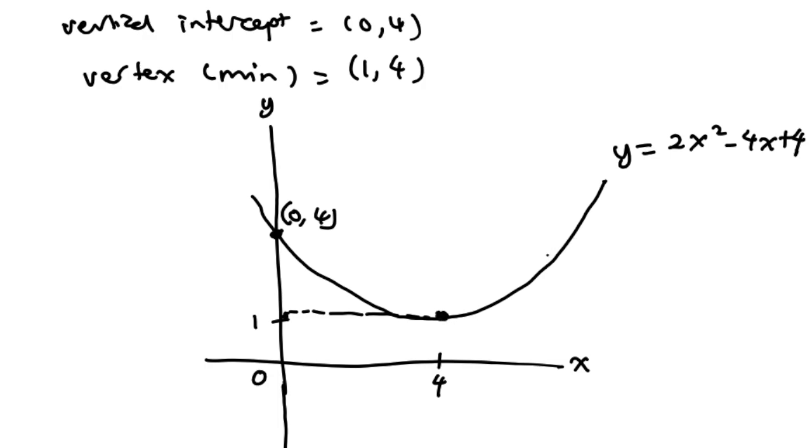When you go up, it doesn't hit the horizontal axis. Can you see? Alright, so this is how we sketch a graph using current knowledge about quadratic functions. But like I said, there is another way to sketch a function if you learn derivatives later. Okay?